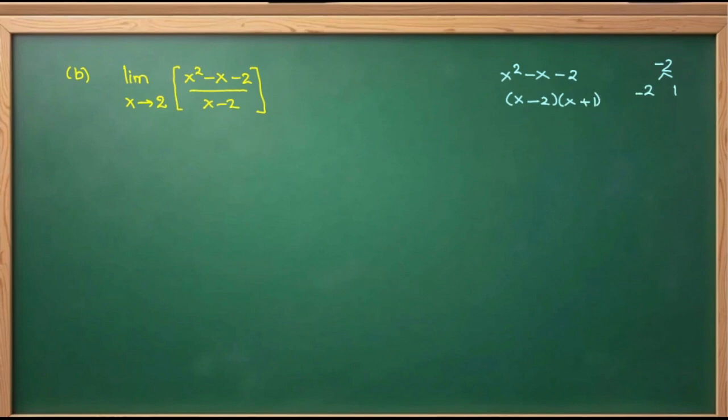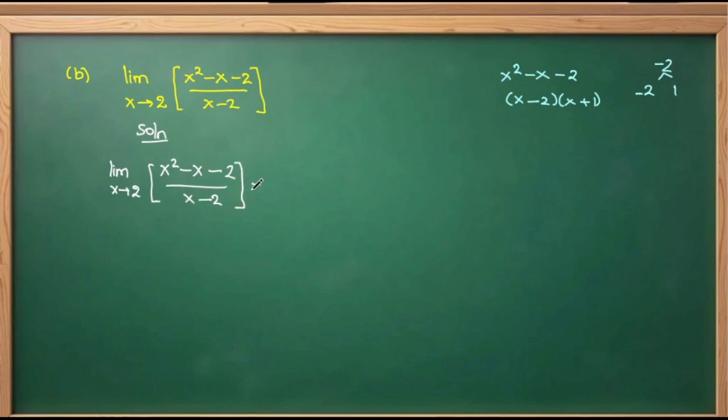Now we can go ahead and work out this limit by having it as the limit when x tends to 2 of the given expression x squared minus x minus 2 all over x minus 2.